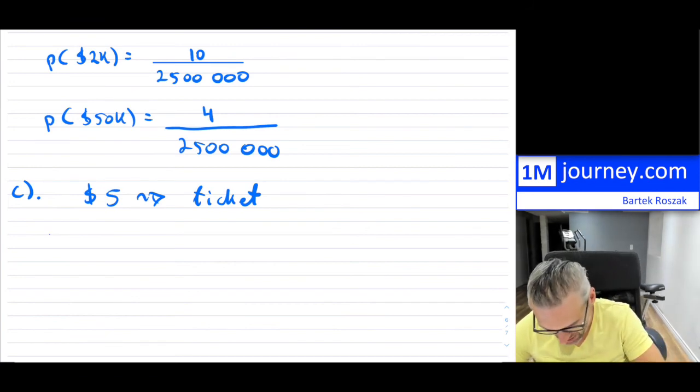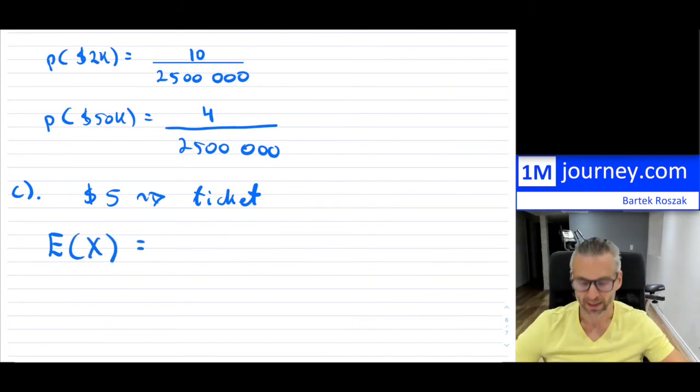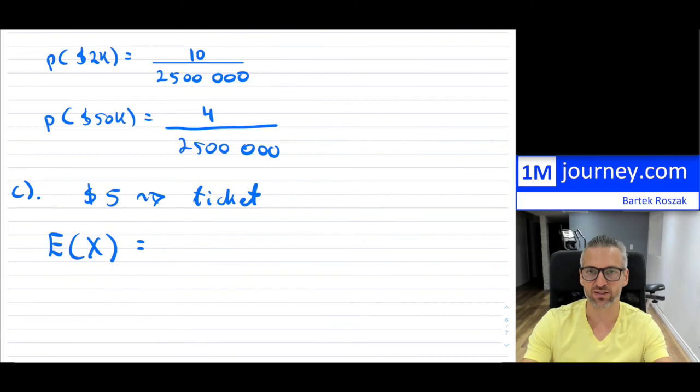So what's the expected payout? I'm going to put the expected value in here. That's why the expected value is important, because it has a meaning. It will tell us what the expected payout is for all of these tickets.